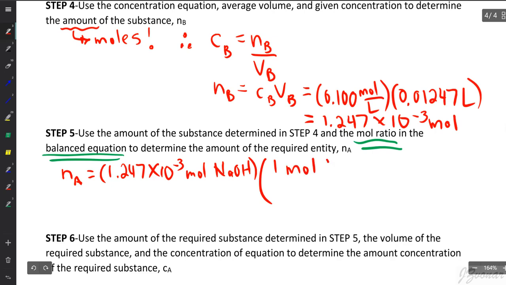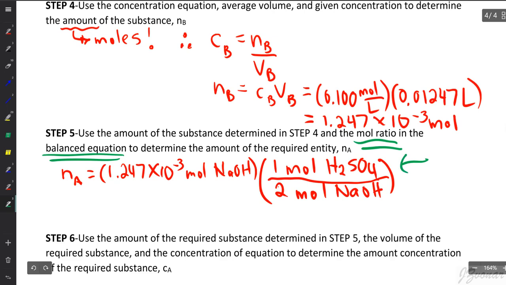I've got 1 mole of H2SO4 over 2 moles of NaOH. And these numbers here, folks, are the coefficients from our balanced equation, just so that you remember.